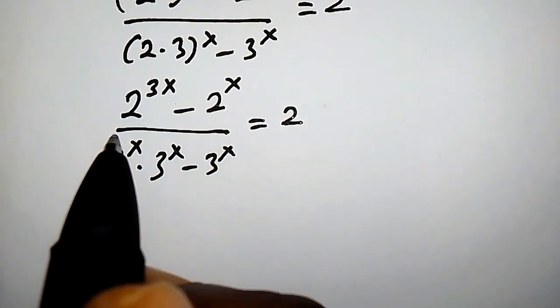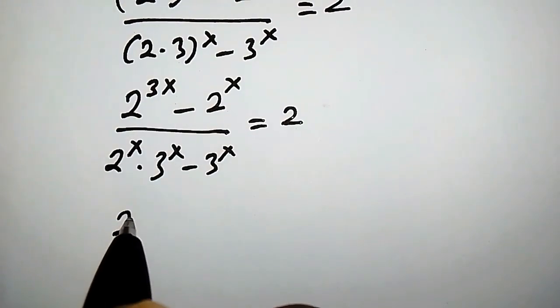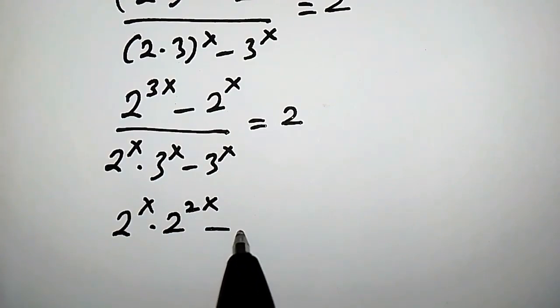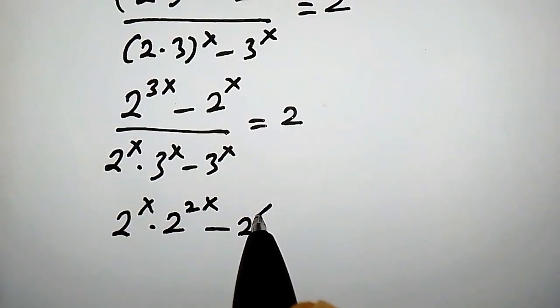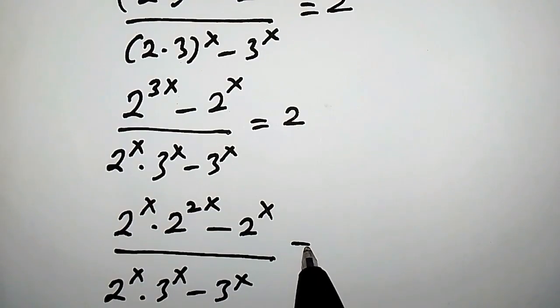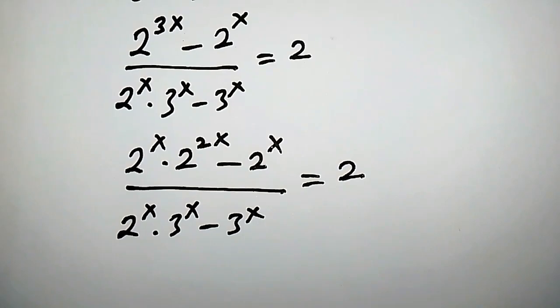You will see that we can also write 2^(3x) as 2^x times 2^(2x), minus 2^x, divided by 2^x times 3^x, minus 3^x, equal to 2. Now let us pull out the common terms.